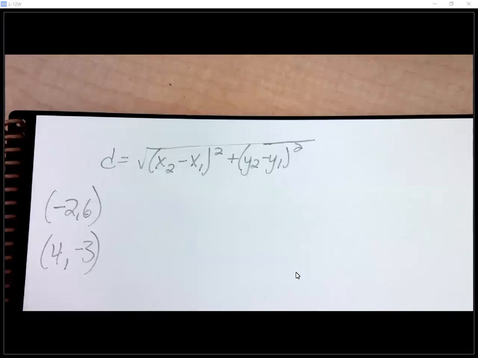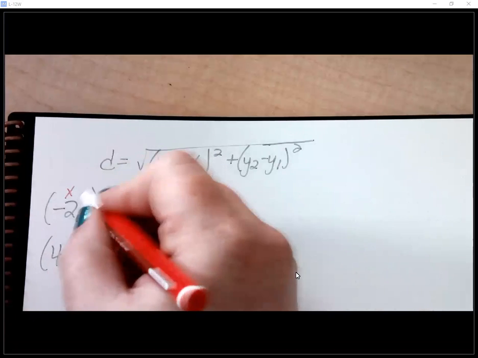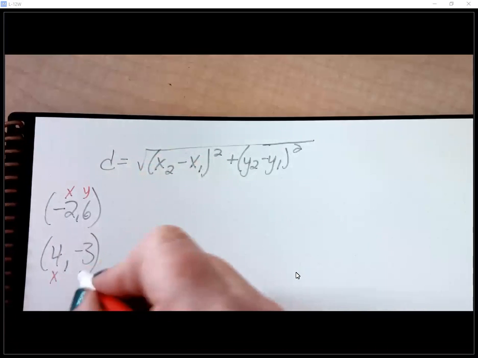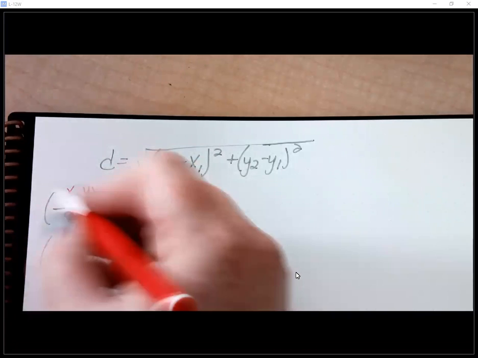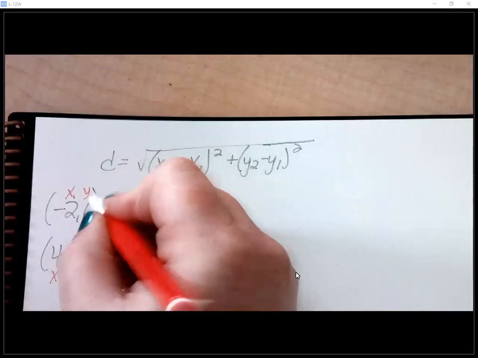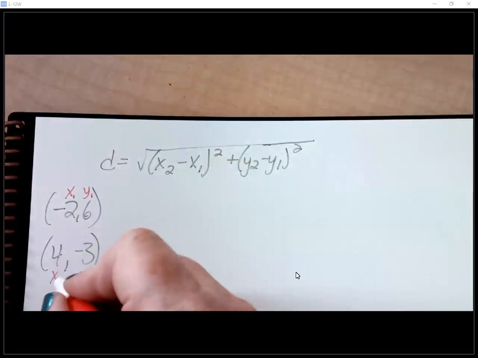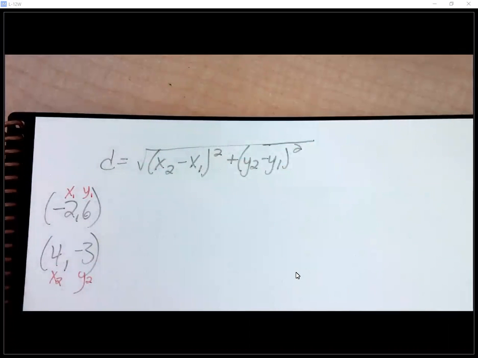Guys, this is just an X and a Y, isn't it? So is this. Since I have 2 points, I just put the little ones after it. That's just the X and Y of the first point, and that's just the X and Y of the second point. Don't get nervous about that. Now I have this really cool formula to use to find my answer.